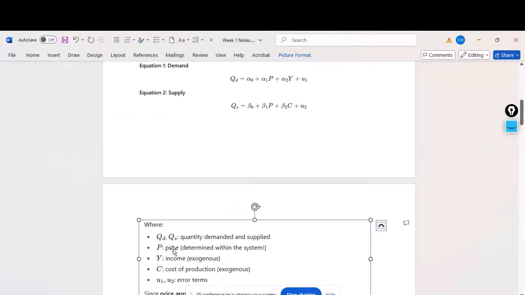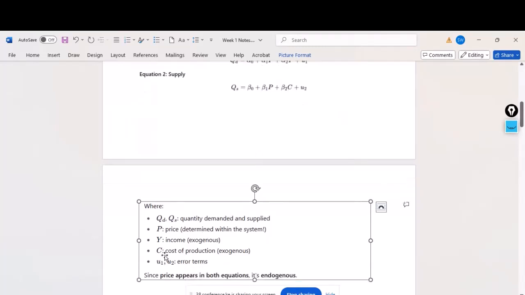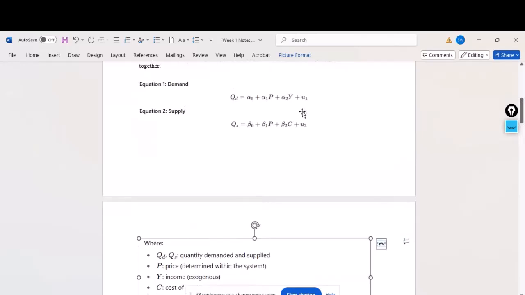P is the price. Y is the income. And C is the cost of production. And then we have U1 and U2, these are error terms. Alpha 0, alpha 1, alpha 2, these are constants. And then beta 0, beta 1, beta 2, these are also constants.